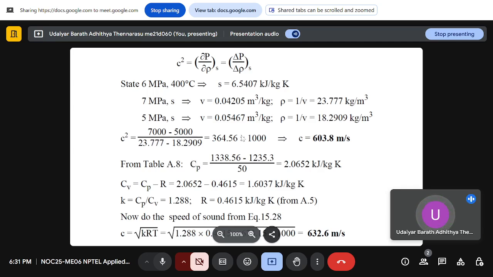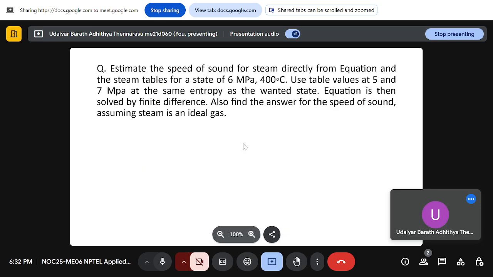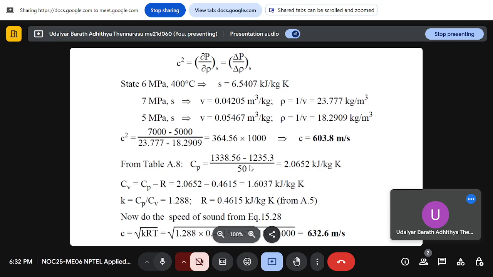So we can find out Cp for a temperature difference of 50 Kelvin. The enthalpy is around 400 degrees Celsius. We get Cp as 2.0652 kilojoule per kg Kelvin.